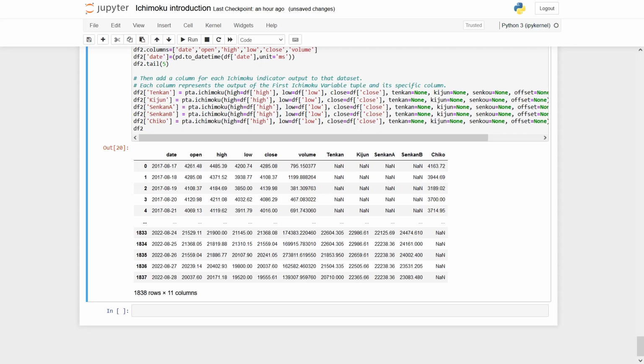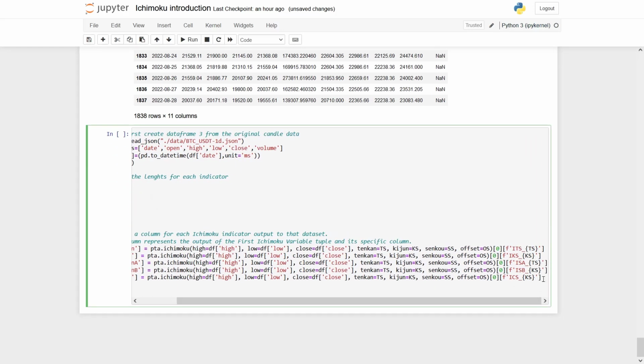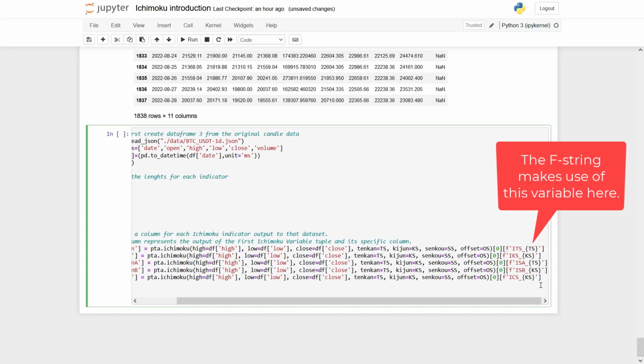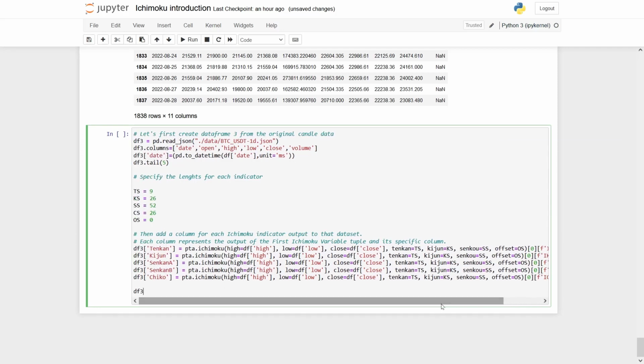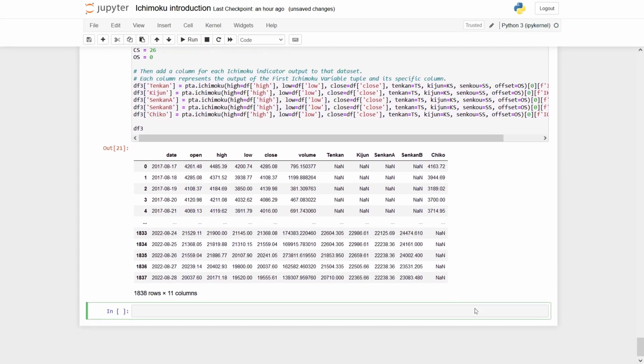To give you an example, I will create a third data frame. This time I will add some variables that represent the time frame and the length of these indicators, and also use these to find out what the names of these indicators are as f-strings to identify the correct output columns. So this way you only have to change one setting for each indicator and have less chance of an error.